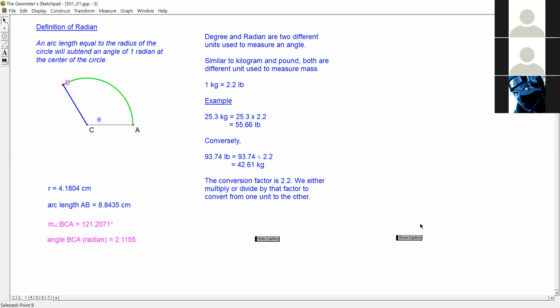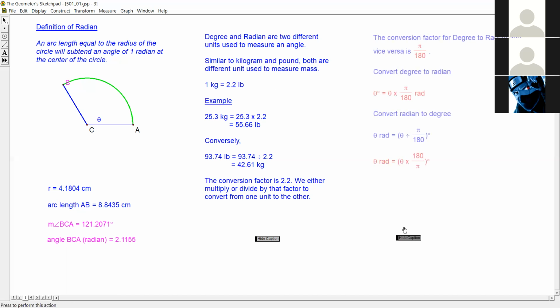Now, since degree and radian are measuring the same thing, can I do a conversion like what I do from kilogram to pound, pound to kilogram? Can I do that from degree to radian, radian to degree? Yes. The factor here is 2.2, but the factor for degree and radian is pi over 180.